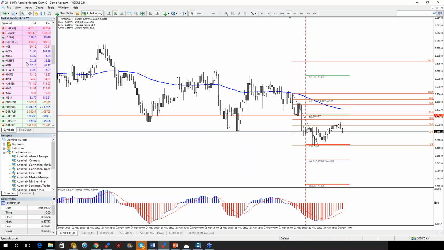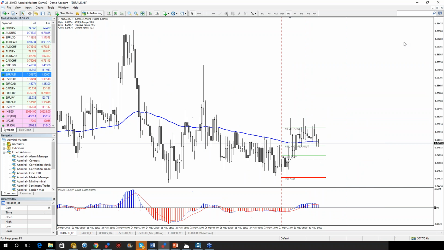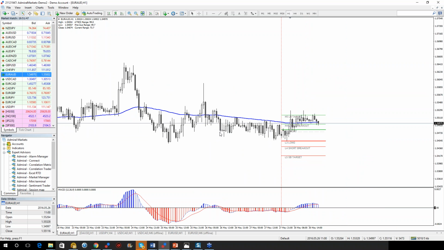Euro AUD, Euro Australian dollar. Nothing good here. Look at this. This is what I never ever, when I see this, I simply move on to another chart. I don't even analyze this. Watch this. Nonsense. Really.